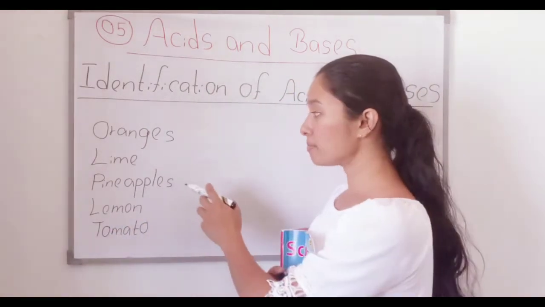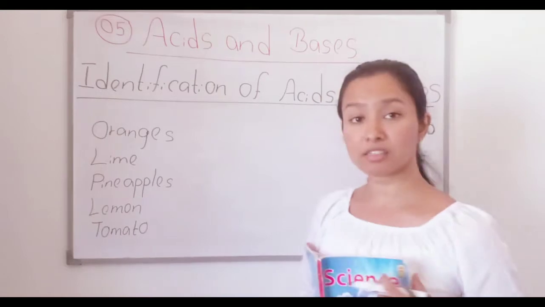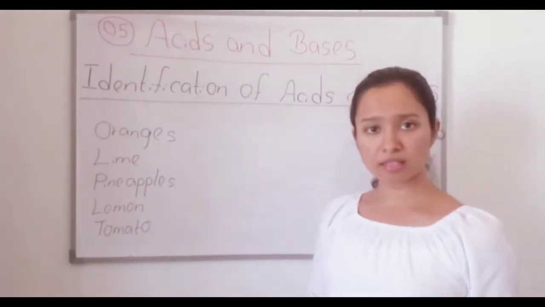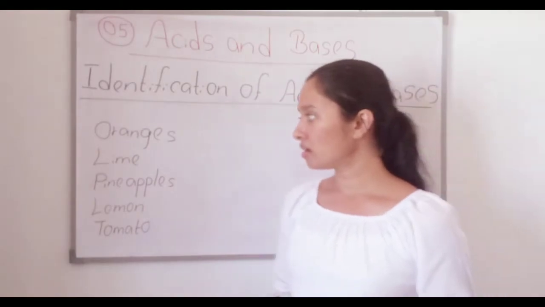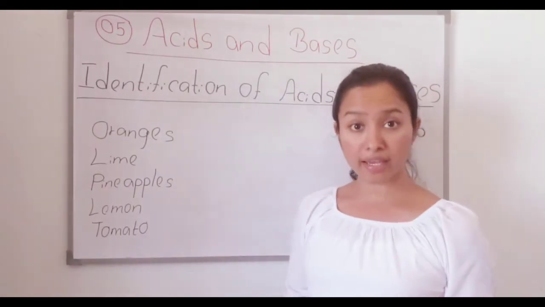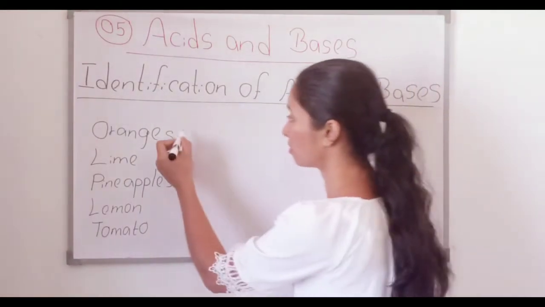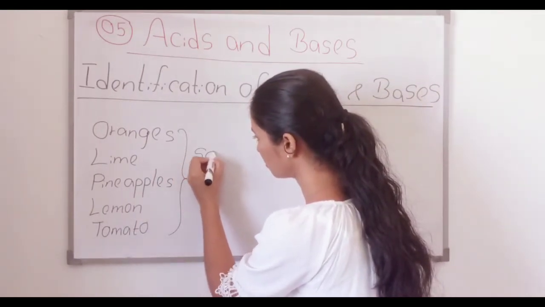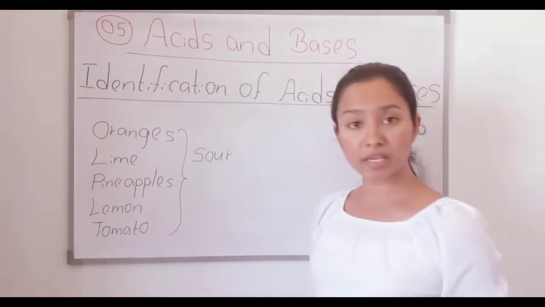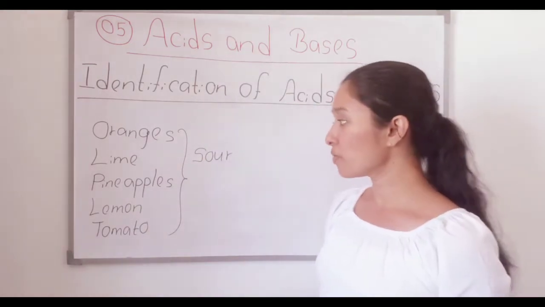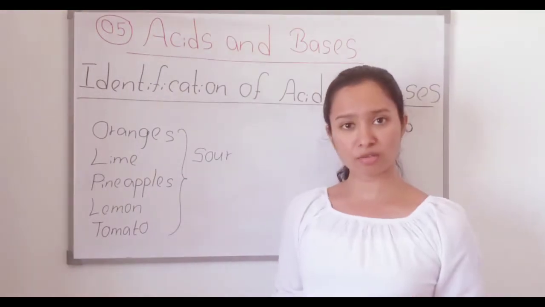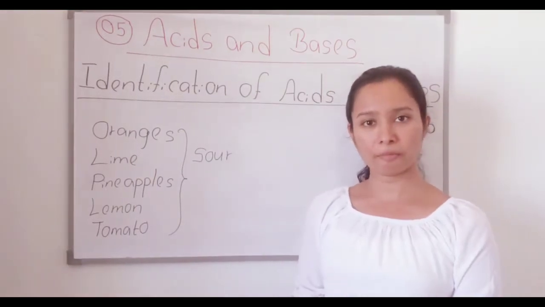Oranges, lime, pineapples, lemon and tomato. When you are eating these fruits, you can feel a sour taste. Sour means ambul rasa. So what is the reason for that?